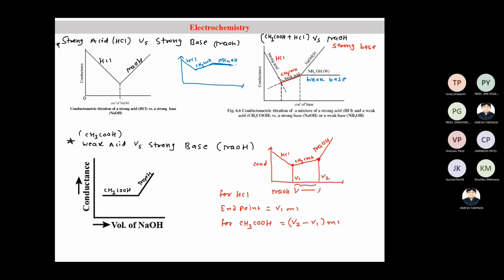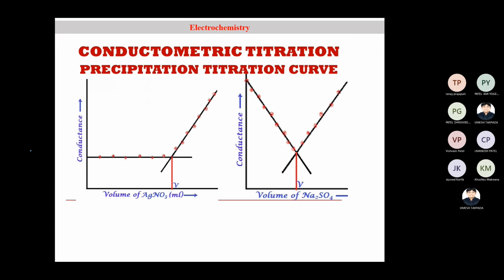What happens in precipitation titration? So see, this is a precipitation. The first one is a titration of AgNO3 versus NaCl. When NaCl reacts with AgNO3, you get precipitates of AgCl and NaNO3.